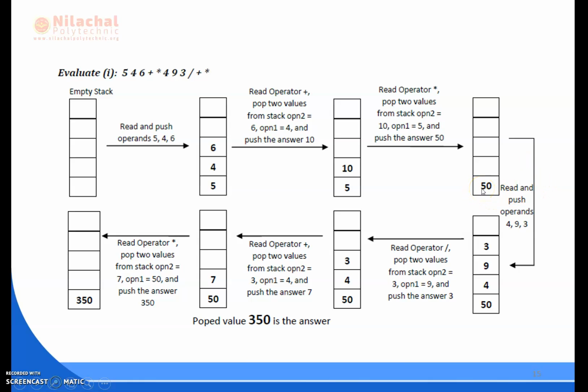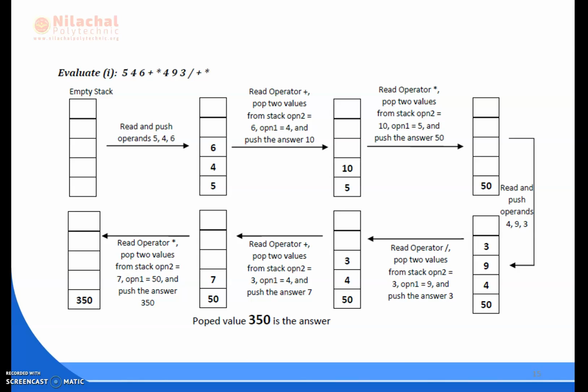After that we need to read three operands, that is 4 9 and 3. So after 50, 4 9 and 3 will be pushed into the stack respectively.